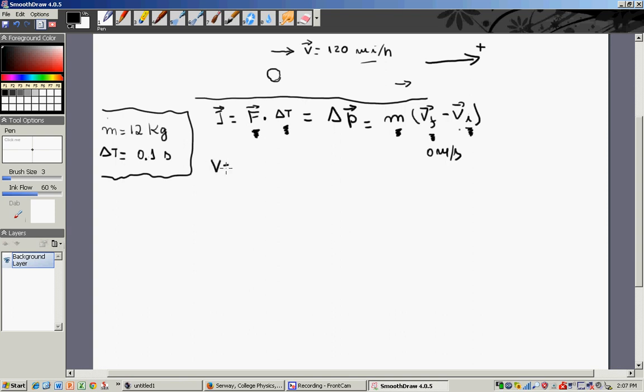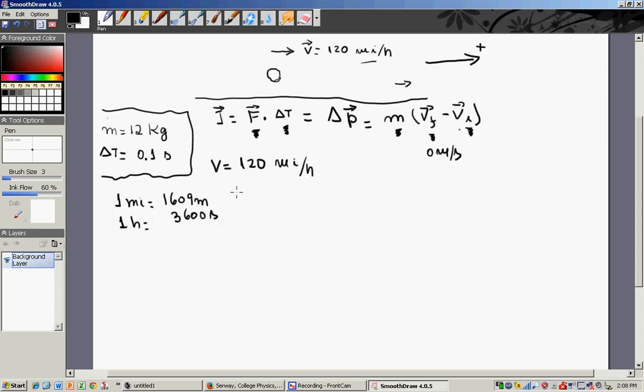The speed of 120 miles per hour: 1 mile is equal to 1609 meters, and 1 hour is equal to this many seconds, 3600.